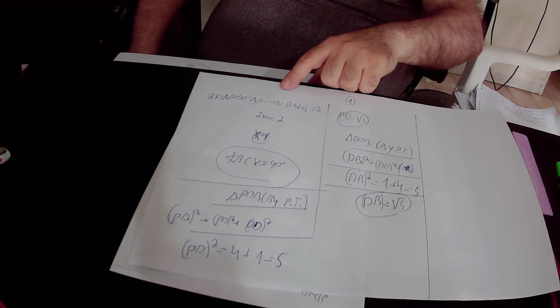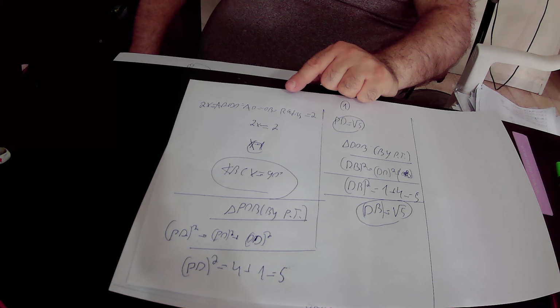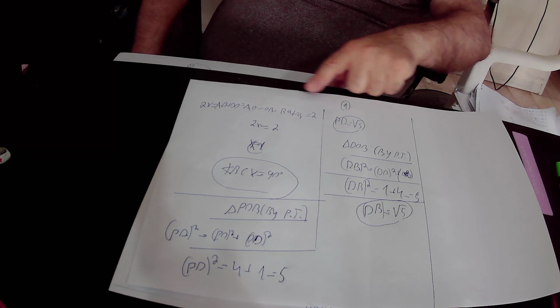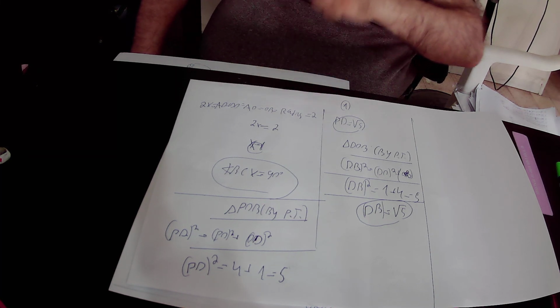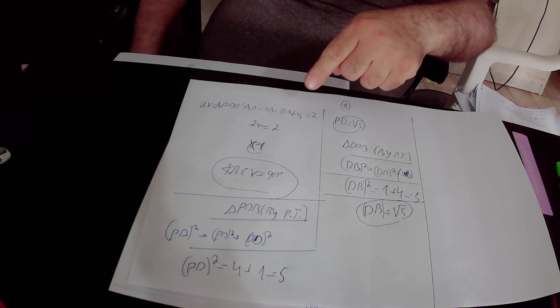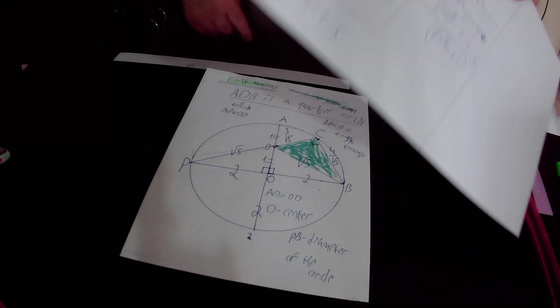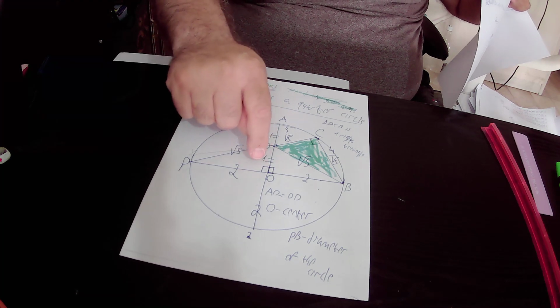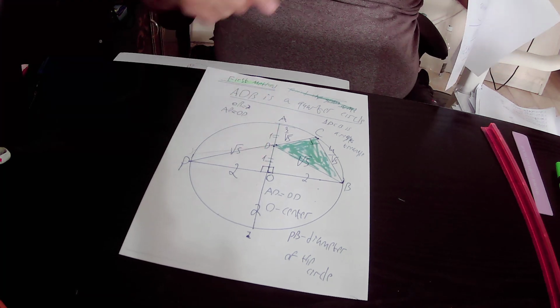And according to what is given in the question, the radius of the circle is equal to 2 units. So from this equation, we derived that 2x equals 2. We divided this equation by 2 and found out that x equals 1. So here, AD equals x equals 1, and DO also equals x equals 1.